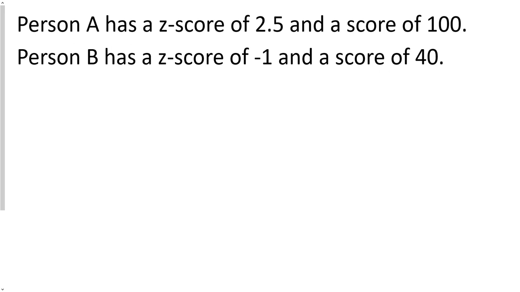So let's say person A has a z-score of 2.5 and a score of 100. Person B has a z-score of -1 and a score of 40. Question here is, can we figure out the standard deviation? Can we figure out the mean? That's 2 pieces of information that are missing. So if we are missing both of those, is it possible to figure them out?